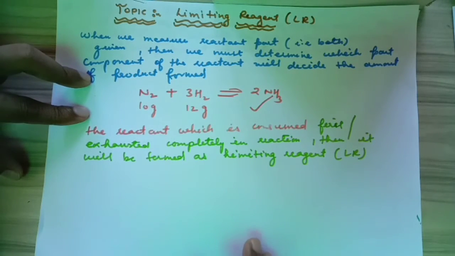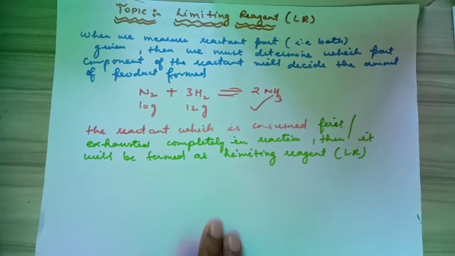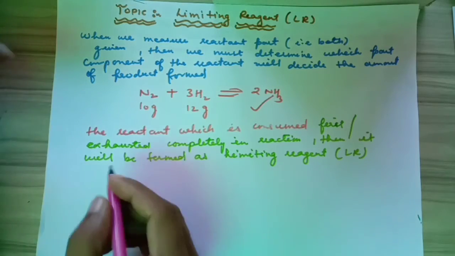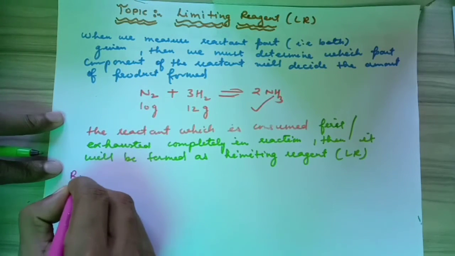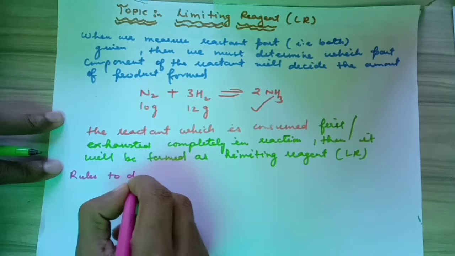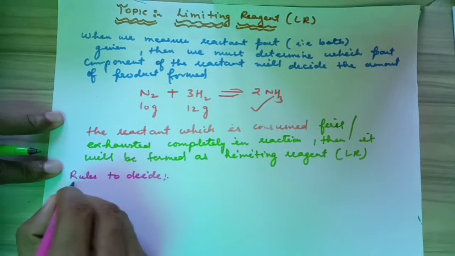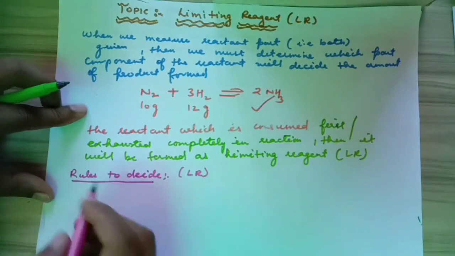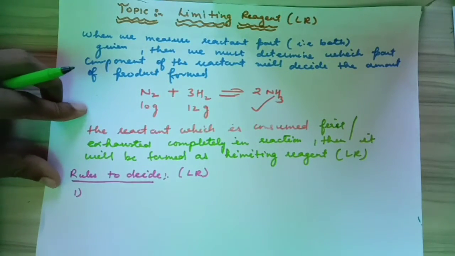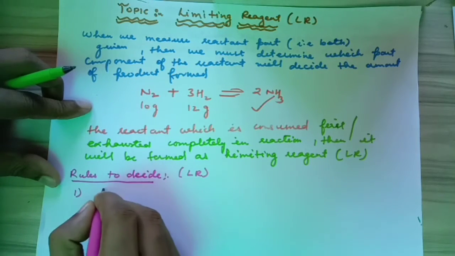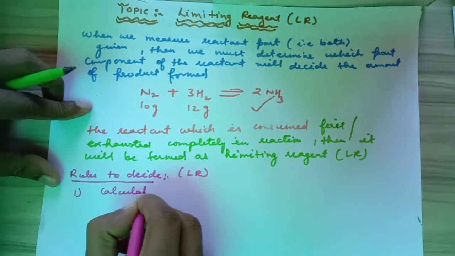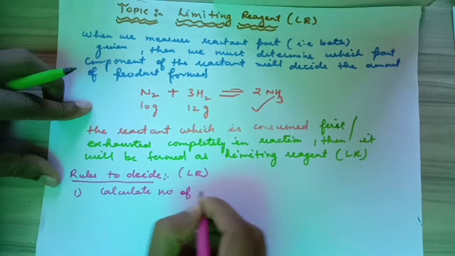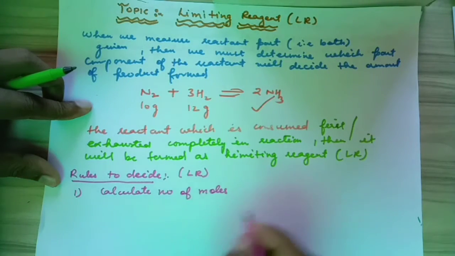So here are the basic steps which we have to follow. So rules to decide LR. The first rule is calculate number of moles.